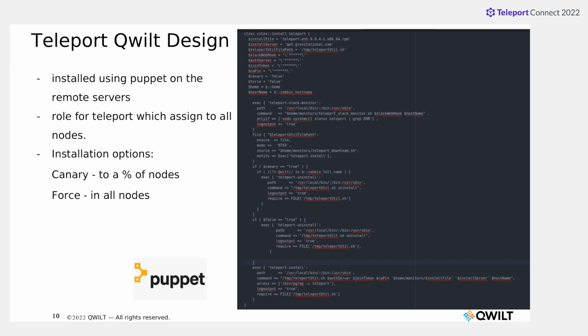What we also did is add an option to force, because we would like to upgrade the remote nodes. If we would like to test, there is a canary to a specific percent of nodes.